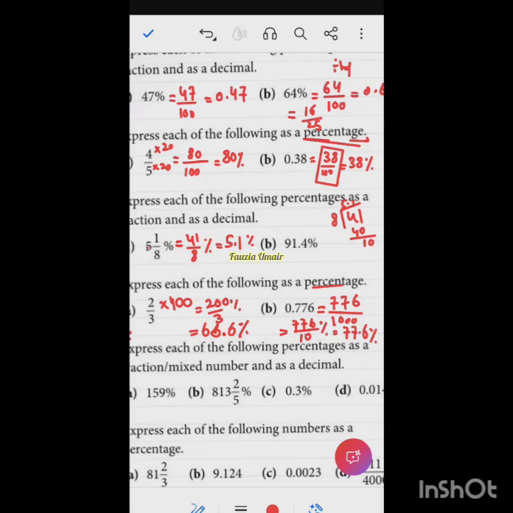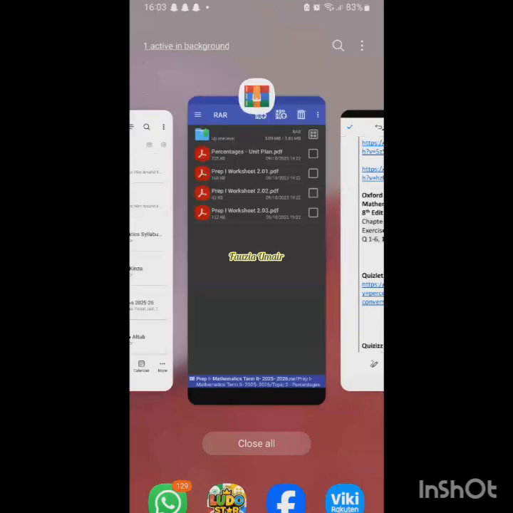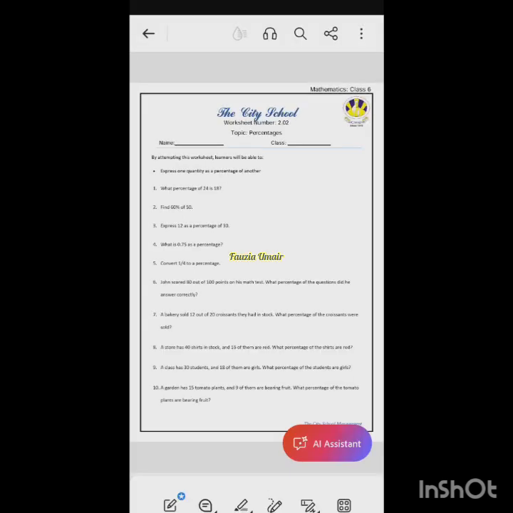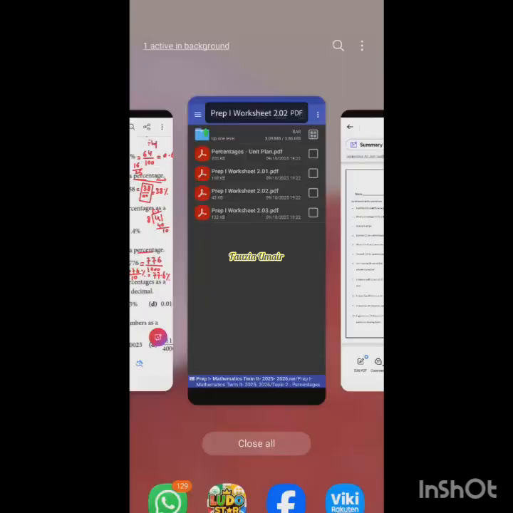So now let me see what is there in the second worksheet, because the next two questions are a bit difficult. So let's see what is there. Are you done till question number 6? The centimeter and meter question we have done it in the online classes.